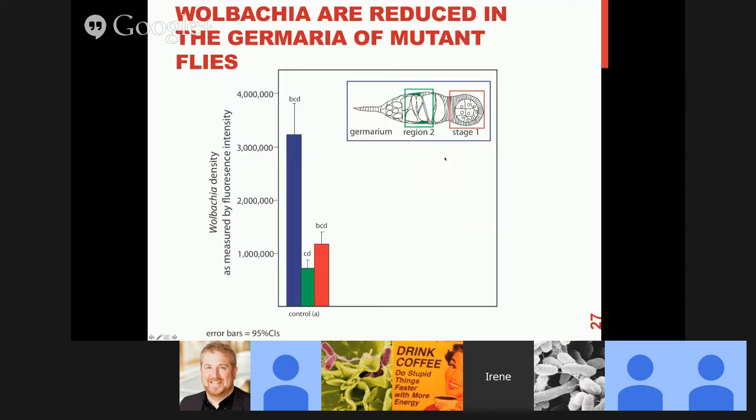And we can quantify the difference that we observed at these different backgrounds by measuring Wolbachia fluorescence intensity in the entire germarium in blue, in region 2 in green, and in the earliest stages of oogenesis in red. In our control flies, this is the pattern that we observed: a fair amount of total staining, and then lots of staining in the earliest stages of oogenesis, and some in region 2 as well.